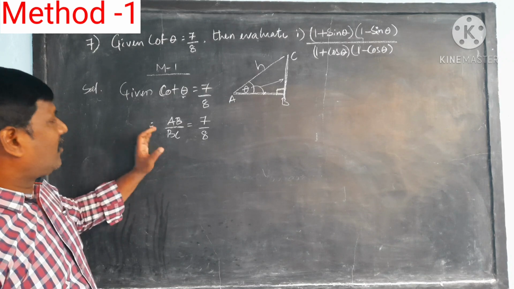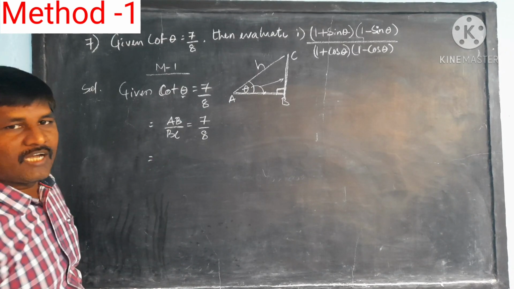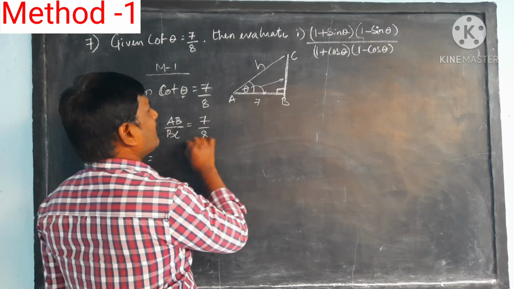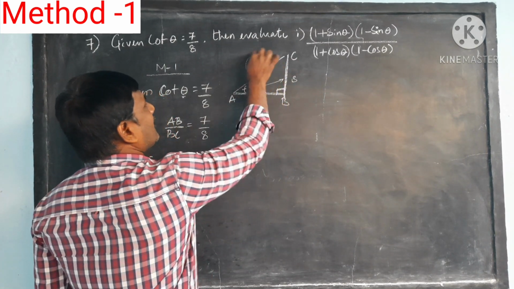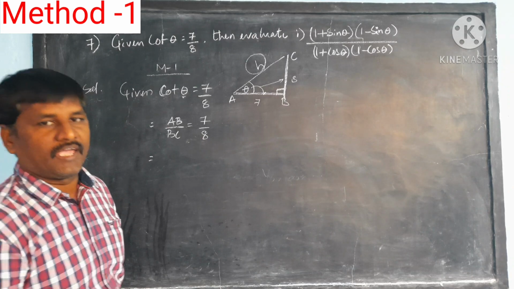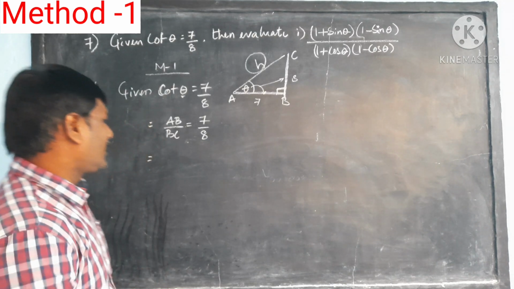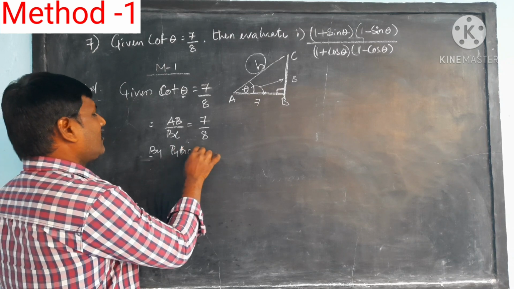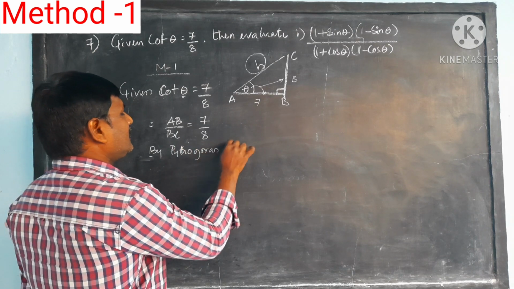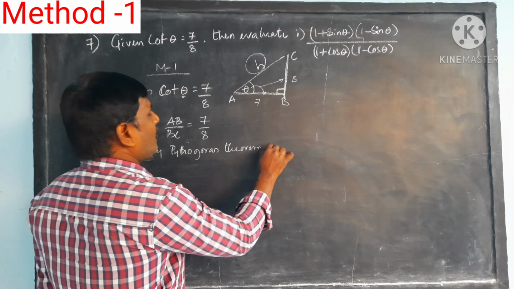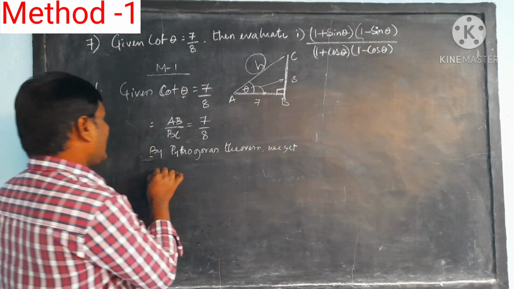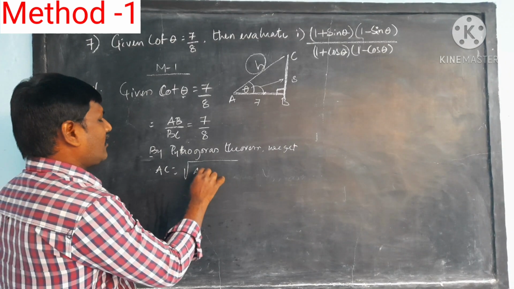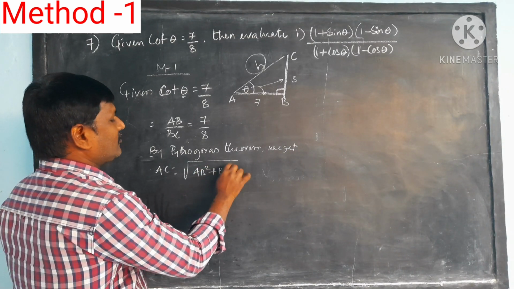Now we have to find one more side, because a triangle consists of three sides. Here AB is equal to 7 and BC is equal to 8. Then you have to find the value of AC. Using the same Pythagoras theorem, we get AC is equal to under root of AB square plus BC square.